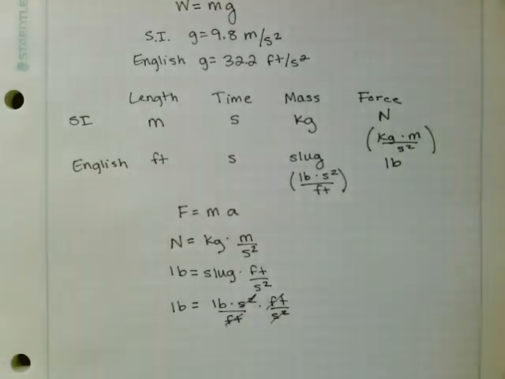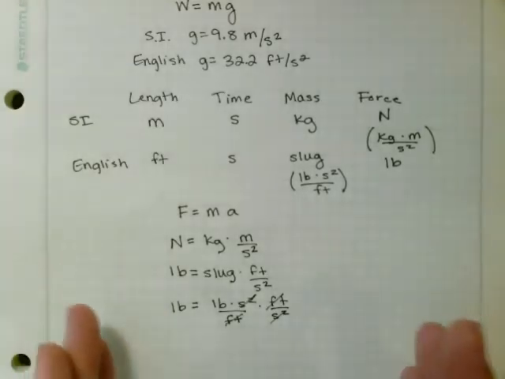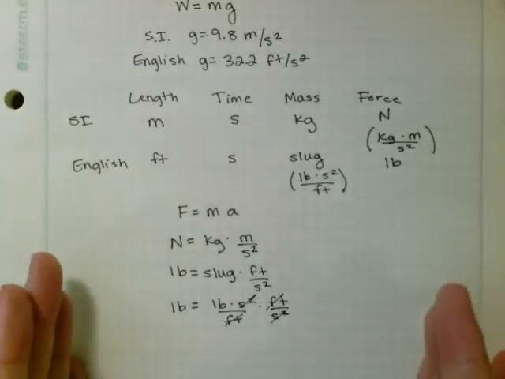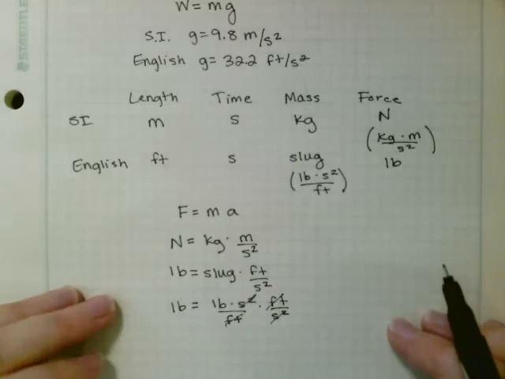Pound is equal to a pound. That's a legitimate equation. So if you're ever confused in a problem, do a dimensional analysis. And if it comes up that maybe you're missing a pound on one side of the equation, then it's incorrect, so you need to go back to the start.